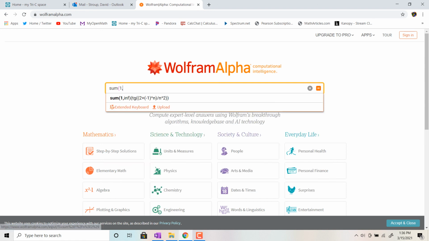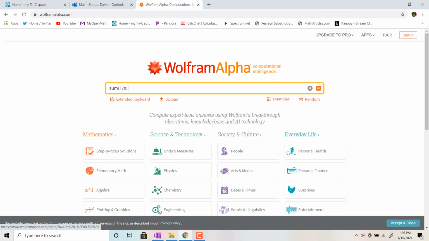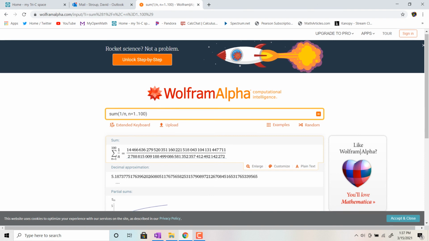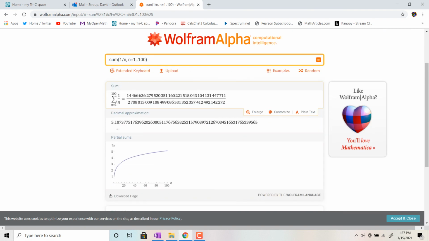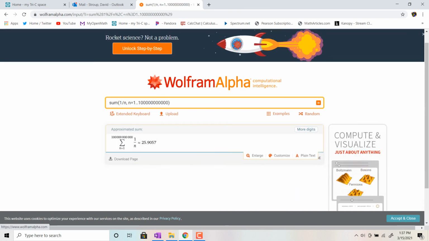Let's look at the sum of 1 over n from n equals 1 to 100. When you sum from 1 to 100 with the divergent harmonic series, it only adds up to about 5. It's only up to 25 here.